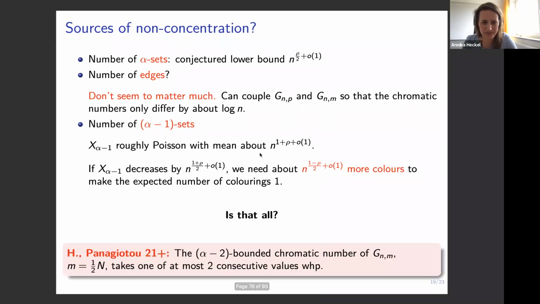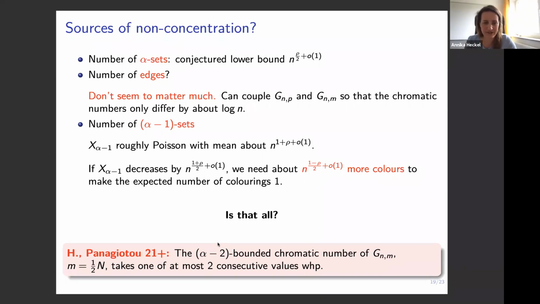So there's a paper I'm currently writing up together with Kostas Panagiotou. In the paper, we show that if you ban alpha and alpha minus 1 sets, and you look at something called the alpha minus 2 bounded chromatic number, which just means it's like the normal chromatic number, except we don't allow any color classes bigger than alpha minus 2, then this is actually very sharply concentrated.